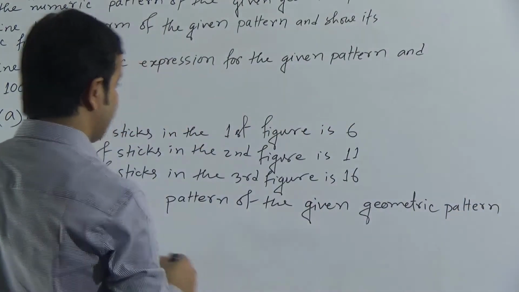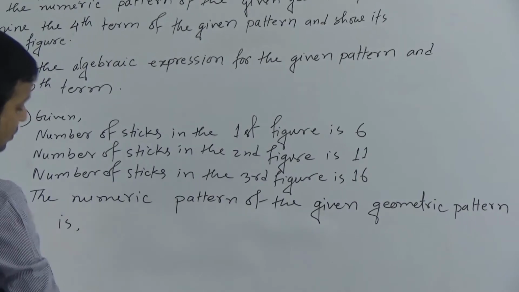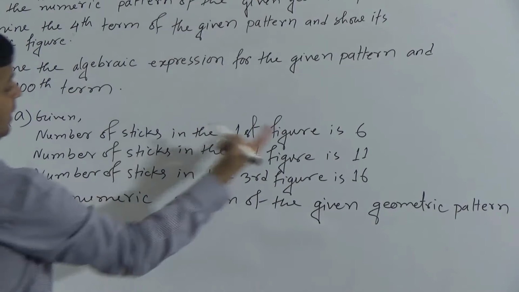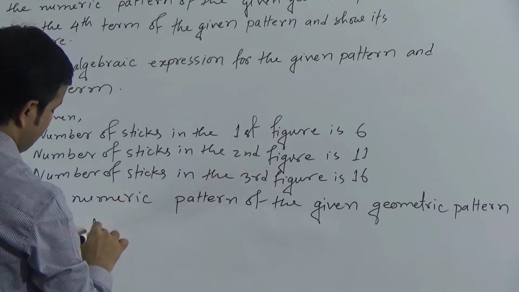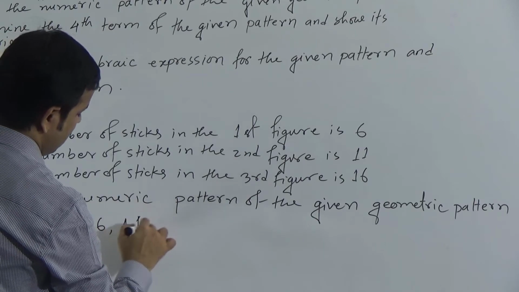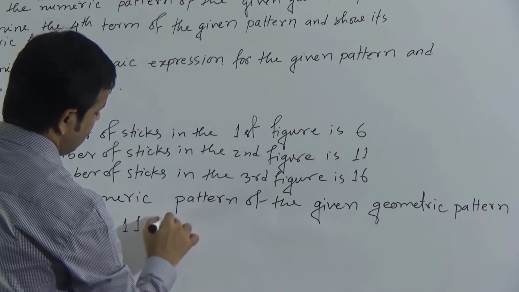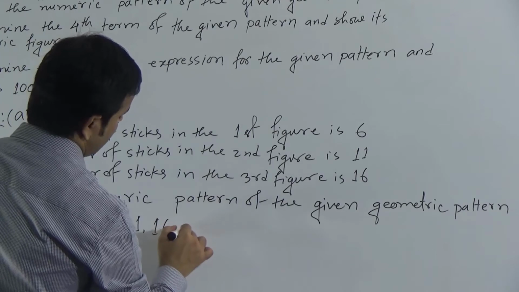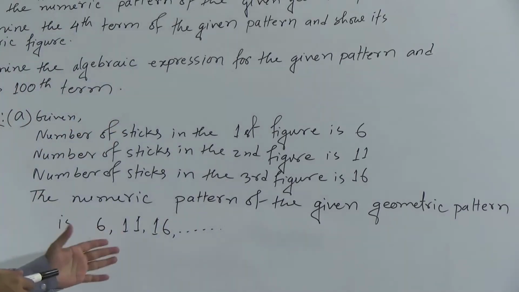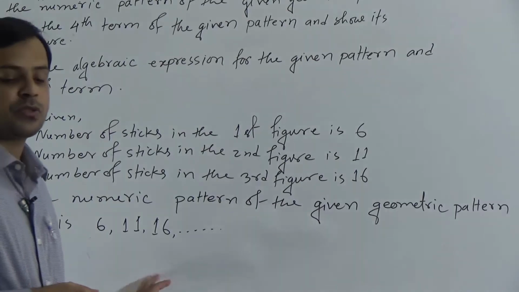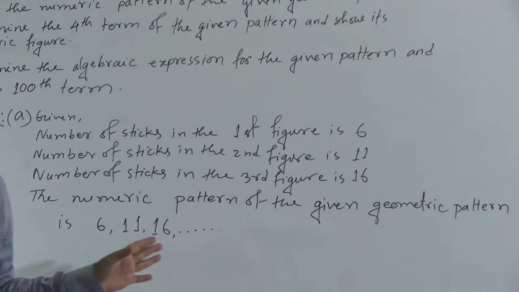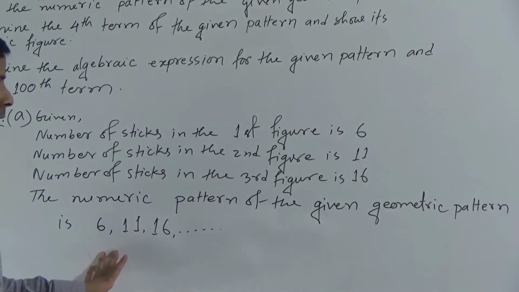Now see the numbers 6, 11 and 16. So we can write here 6, 11 and 16, and in this way the numbers will proceed. Okay, so this is our required pattern for question A.